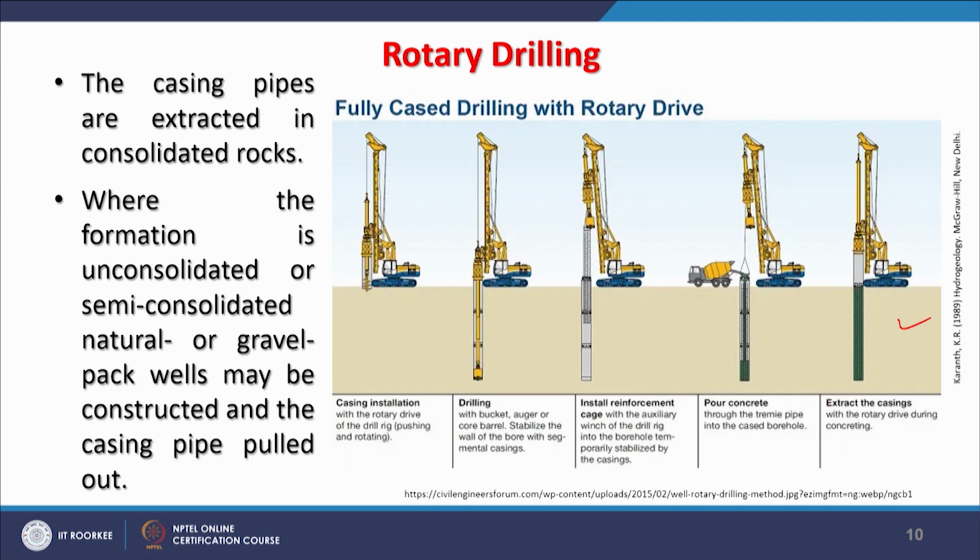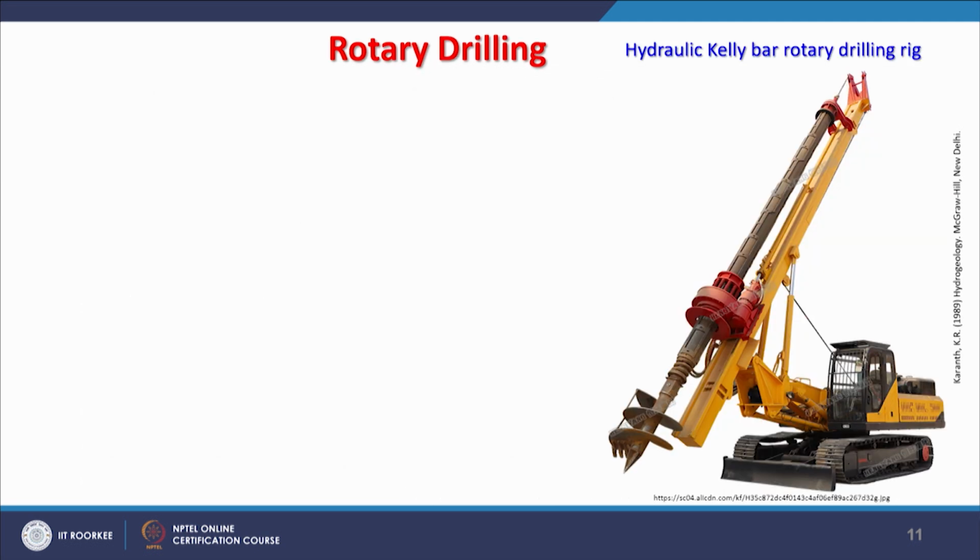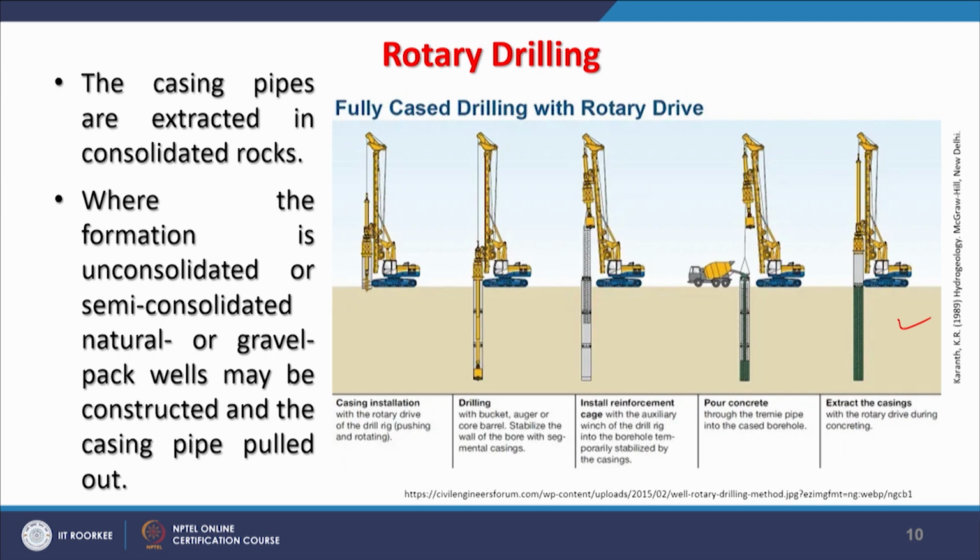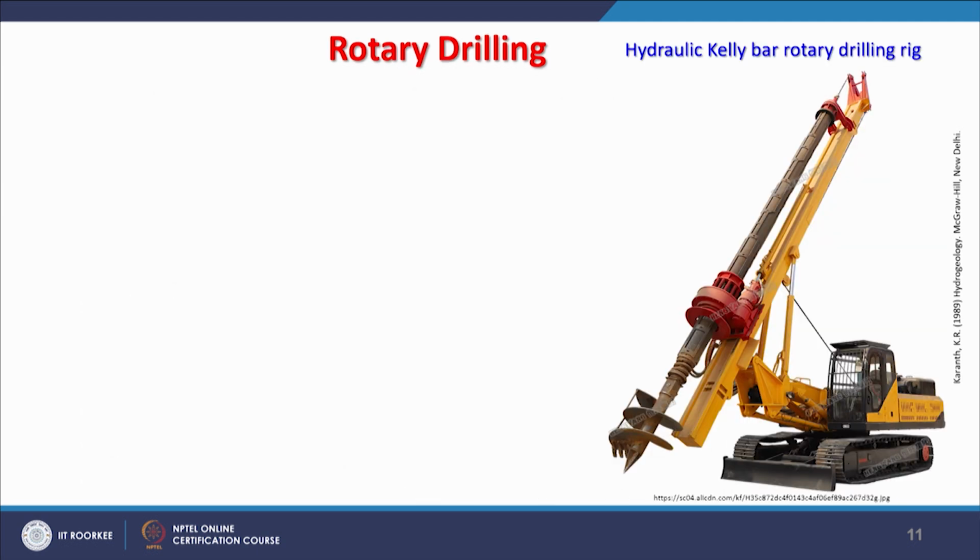Once that is settled down, the pipe is taken out and then the well will be maintained for a long time. That will allow the flow of water towards the well. So, we cannot put fine material, we have to put material like gravel pack, we say gravel pack wells, large sediments much bigger than sand.